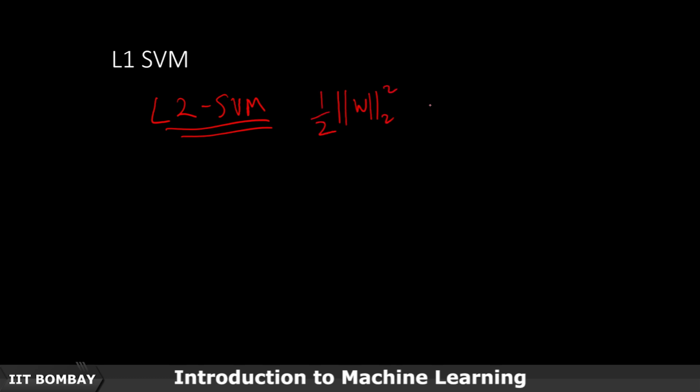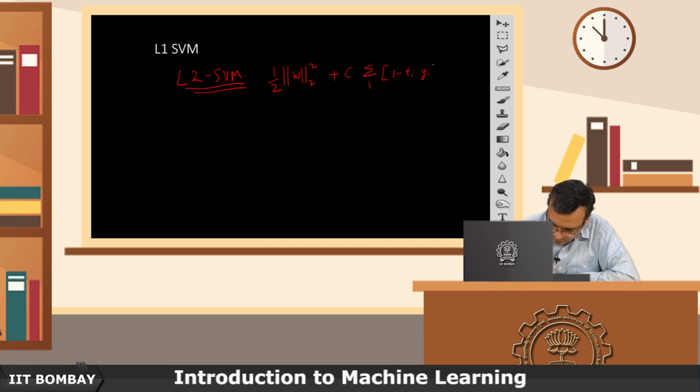And then you have plus some C times sigma of 1 minus Yi, and so on.